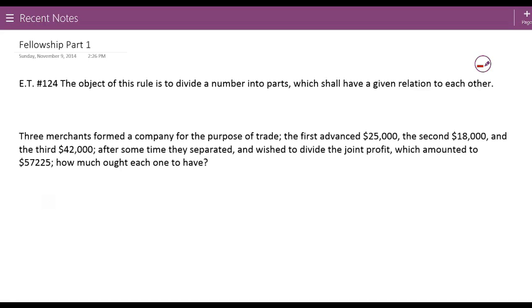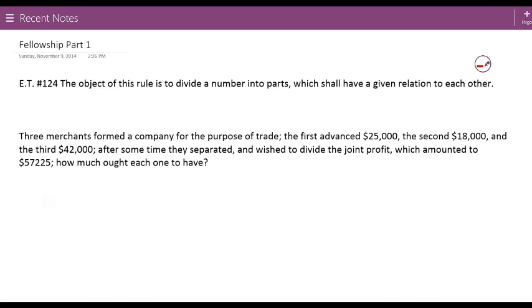Alright, so our first example is from section 124, and it says 3 merchants formed a company for the purpose of trade. The first advanced $25,000, the second $18,000, and the third $42,000. After some time they separated and wished to divide the joint profit, which amounted to $57,225. How much ought each one to have?